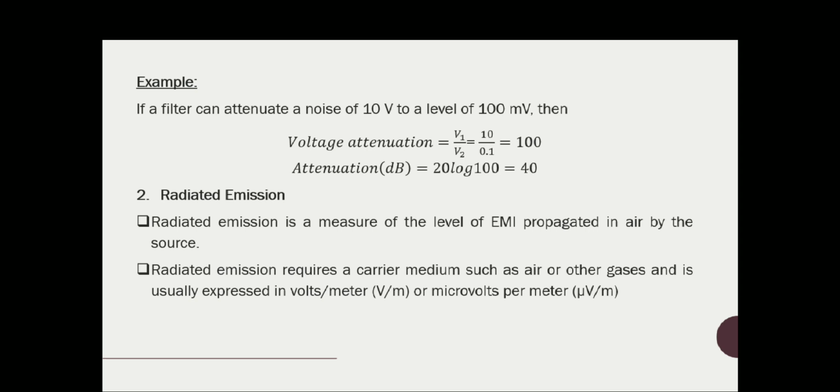The second terminology is radiated emission in connection with electromagnetic interference. Radiated emission is a measure of the level of EMI propagated in air by the source. It requires a carrier medium such as air or other gases, and is usually expressed in volt per meter or microvolt per meter.